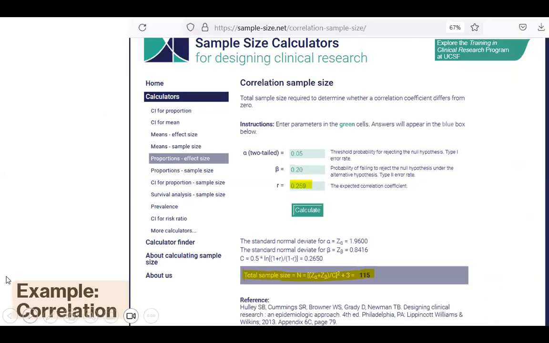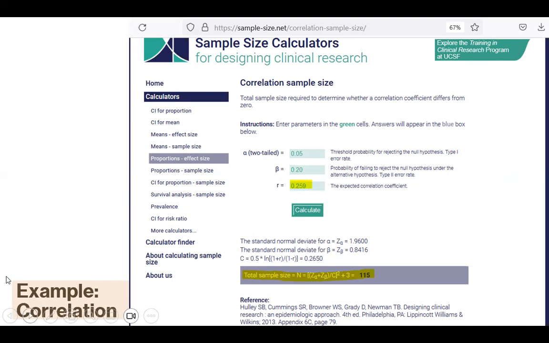For this one, I used samplesize.net. And this is one of my favorites because it allows you to compute across a wide range of possible sample sizes depending on the objective. For the correlation sample size, these are the things that it requires, the usual: the power, the level of significance, and then you put in the R, which is the reported correlation coefficient.